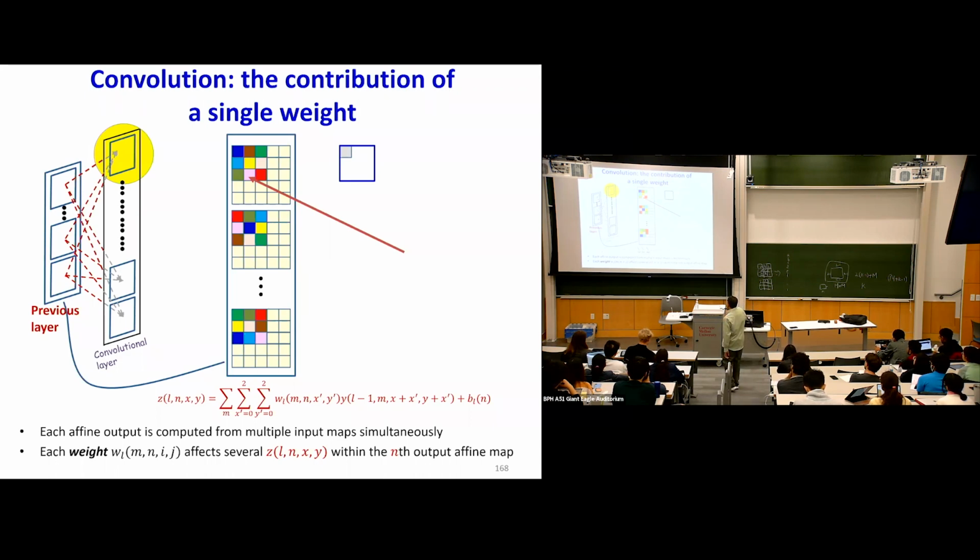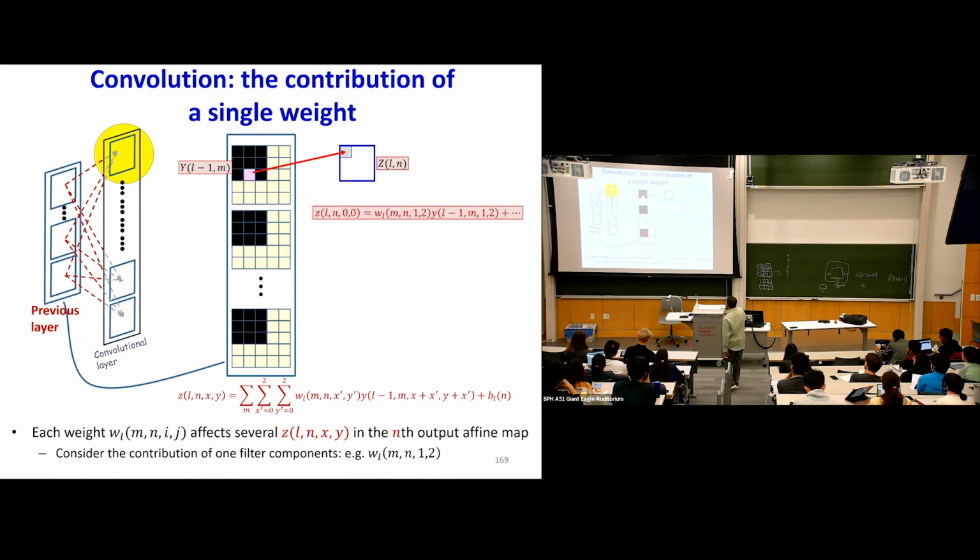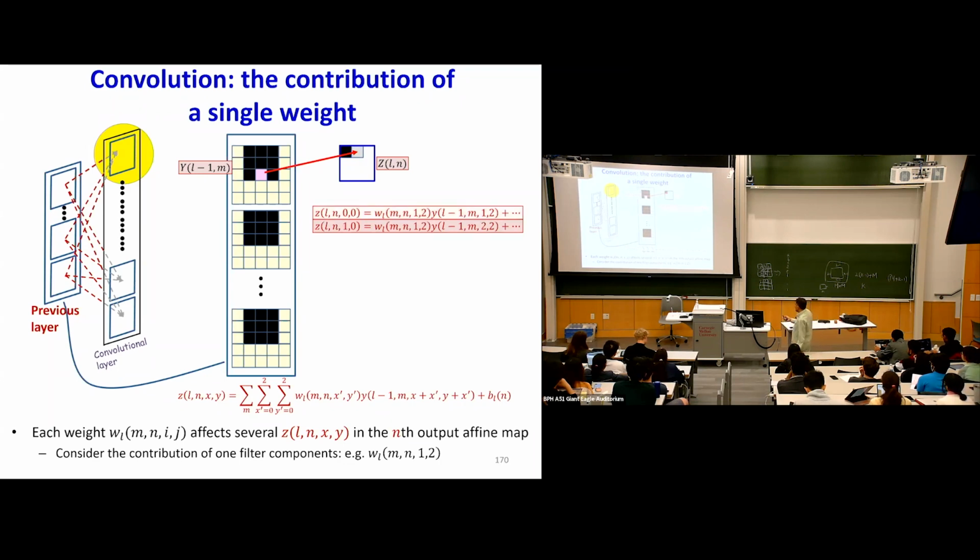So now let's see how this works. This W12 is going to be multiplying Y12 to compute Z00, right? What was the relationship we saw between the indices earlier? The Z index and the W index sum to the Y index, right? So to compute Z10, W12 is going to be multiplying Y22, right?